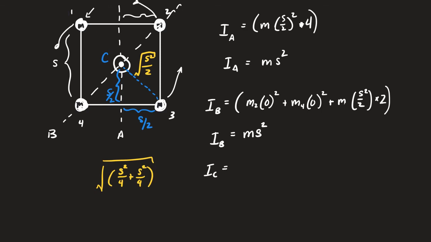Because we're using the same distance away. It's this blue line, the blue dotted line. So it's still going to be m times S over radical 2 squared. How many of these masses contribute?